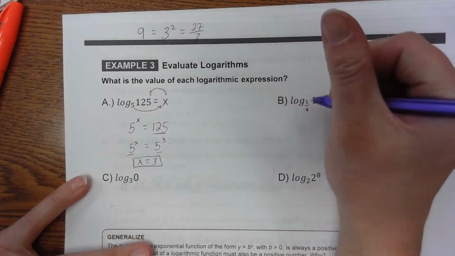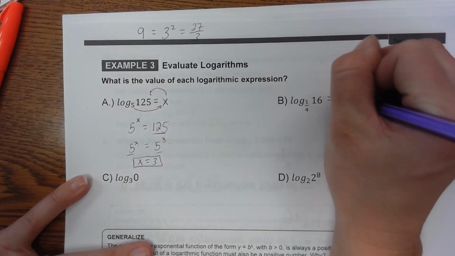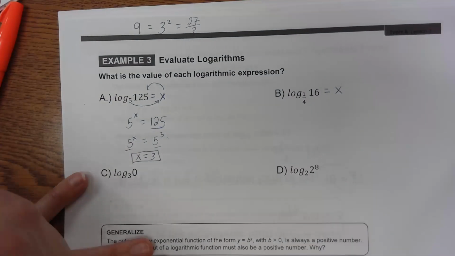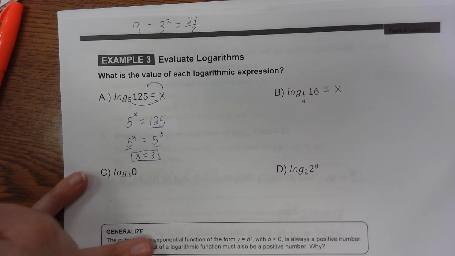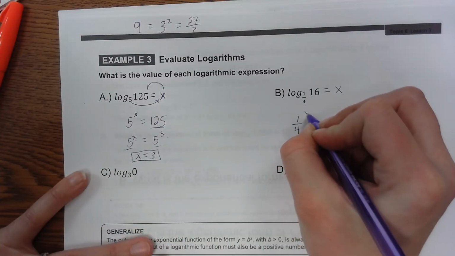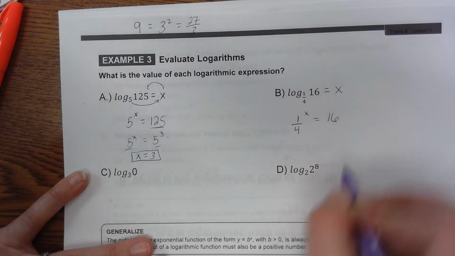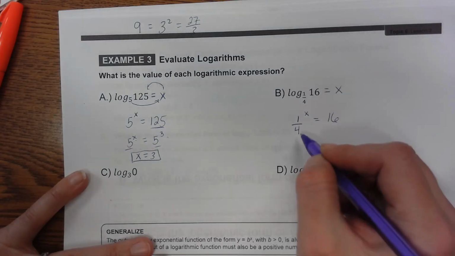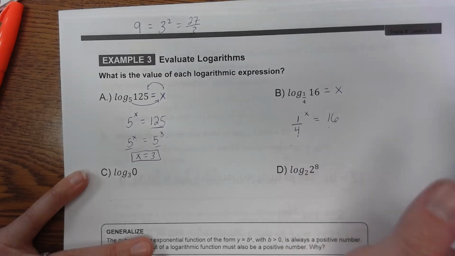Okay. In this one then we're going to set it equal to x. Okay, we're going to manipulate this. We're going to start by putting this in exponential form. So again, we have 1/4 raised to the x equals 16. Now, right now we are trying to get these to be the same base. We had been working on that.